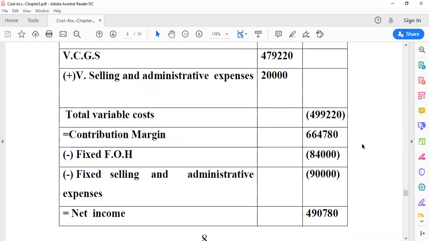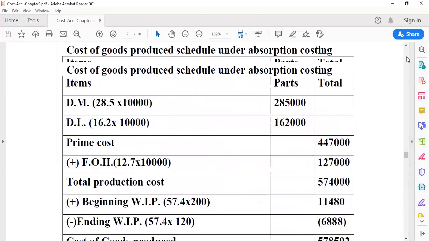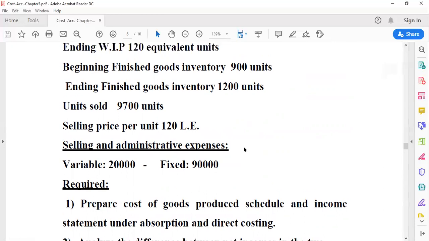We also need to get our net income. So according to that, we will subtract other fixed amounts. What are the fixed amounts? If you go back to the example, we have here a fixed amount of selling and administrative expenses that should be subtracted from our contribution margin.